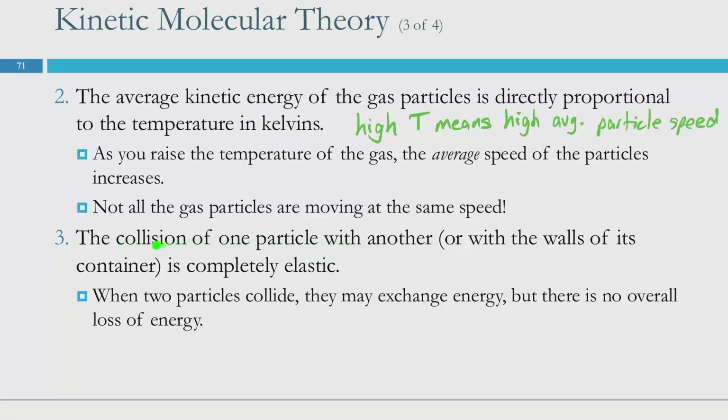Anytime that there's a collision between two particles, they just bounce off. They're not sticking together when they hit. They're not repelling each other extra. If you think of playing pool, like billiard balls bouncing off of each other, that's sort of the thing we're thinking about here. They're not sticky, they're not covered in felt, they're just bouncing off harmlessly. So there's no energy lost in collisions, is what perfectly or completely elastic is talking about here.